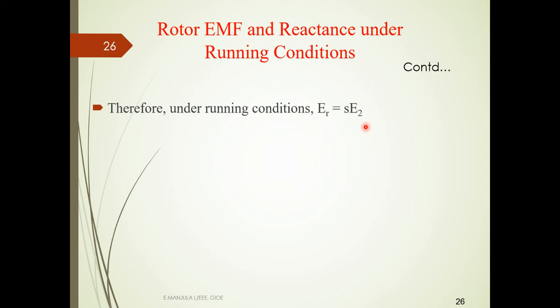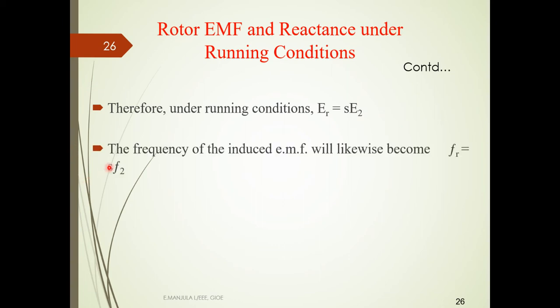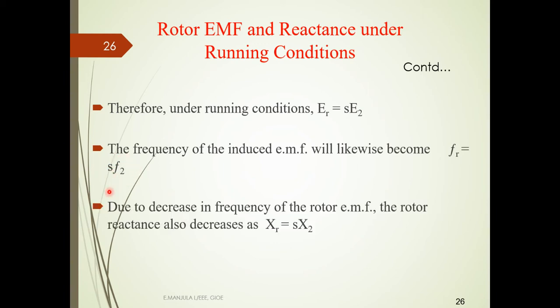So E2 is the rotor EMF at standstill and ER is the rotor EMF at running condition. So rotor EMF at running condition is equal to S times the rotor EMF induced at standstill. The frequency of the induced EMF will likewise become Fr equals S times F2. So this is the running condition: rotor frequency at running condition is equal to S times the rotor frequency at standstill.